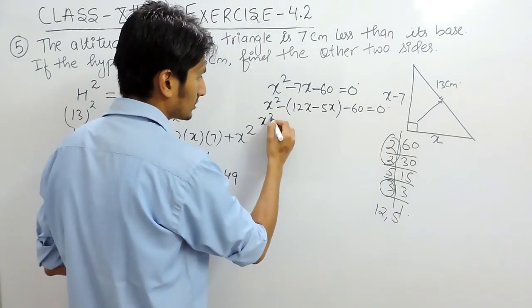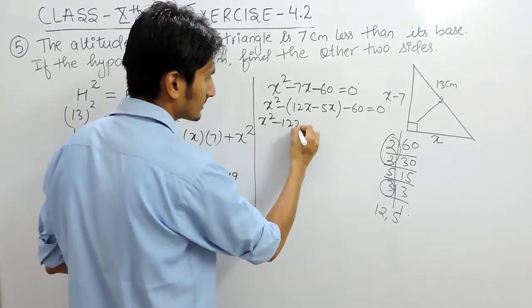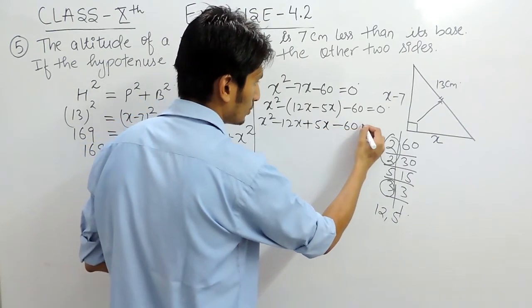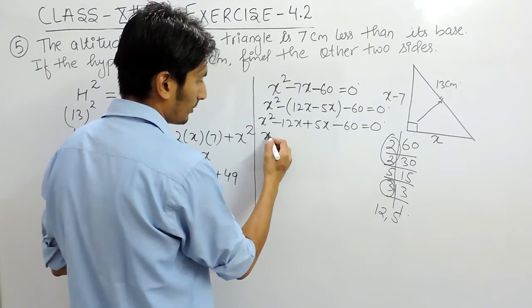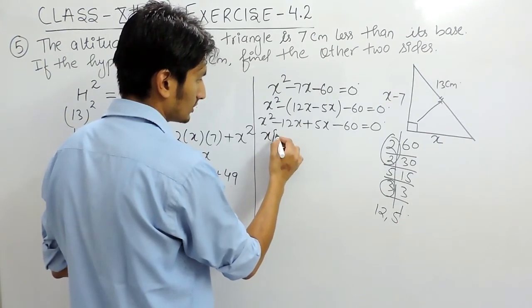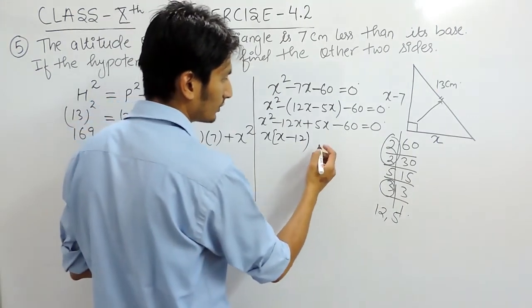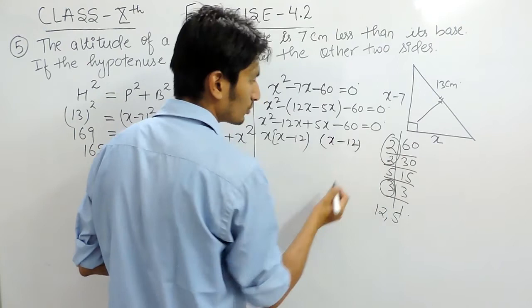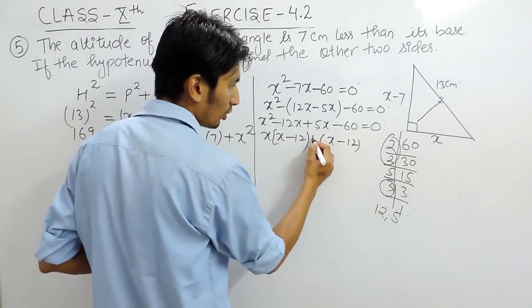Open the bracket, so this will be x square minus 12x plus 5x minus 60 equals 0. Now take x common from the first two terms, so this will be x times x minus 12, and again you have to take something common so that inside the bracket only x minus 12 remains. Here it is 5x, here it is x.